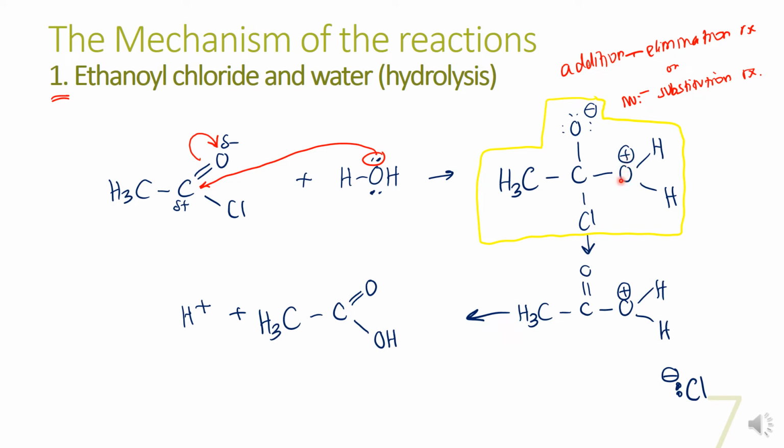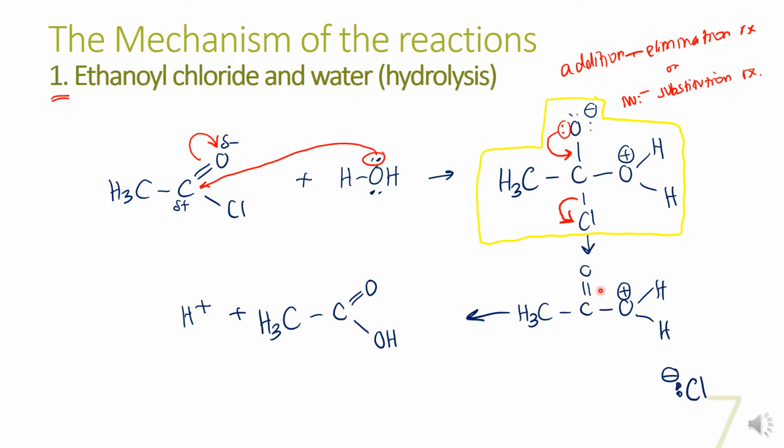Then this lone pair goes back and expels the good leaving group, the chlorine, and thus we get our intermediate product.